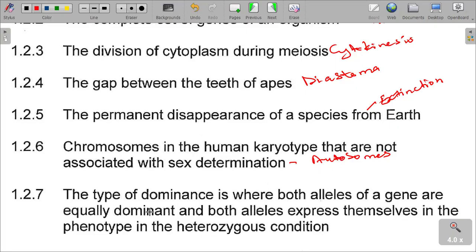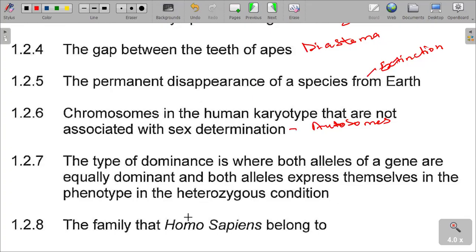The type of dominance where both alleles of a gene are equally dominant and both alleles express themselves in the phenotype of the heterozygous condition, this is called codominance, because they are equally expressed.